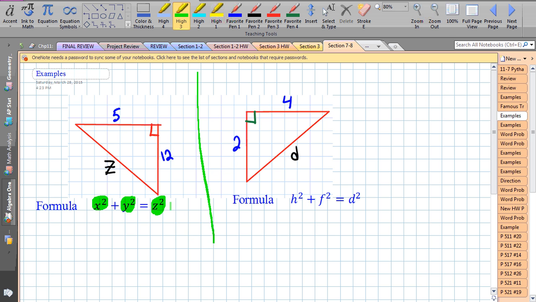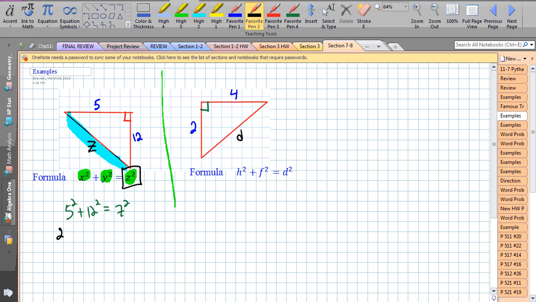In fact, all those letters are arbitrary. But the most important fact is the one that's by itself is definitely going to be the hypotenuse. So let's set up this theorem here. I'm going to say 5 squared plus 12 squared, because those are the 2 legs. So we square the legs and we add them together, and that's equal to z squared.